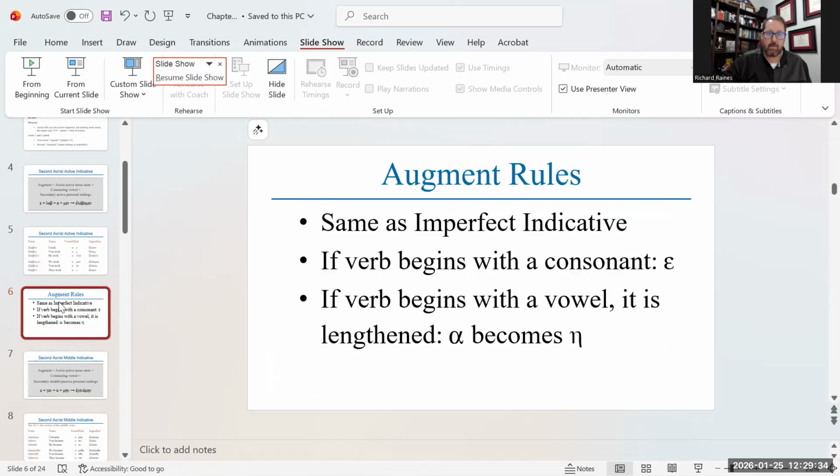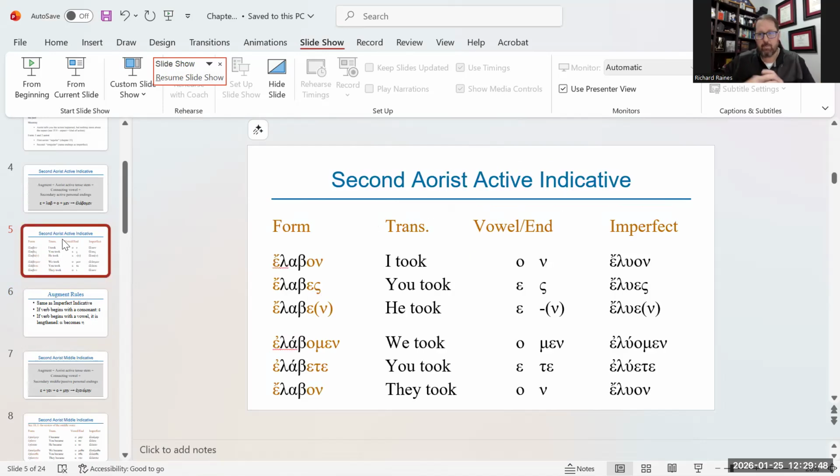And the rules for the augment: if the verb stem begins with a consonant, the augment's going to be an epsilon. If it begins with a vowel, it's going to become lengthened. So if you already know the imperfect endings, then you have to really start to pay attention to these second aorist stems.